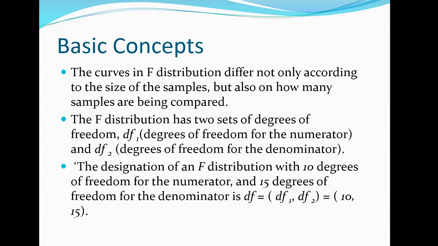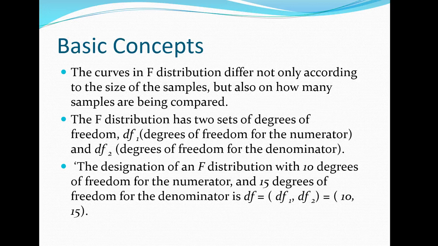Additional basic concepts related to F distribution: the curves in F distribution, just like we have our Z curve and our T distribution curve. Just like those two statistics, the Z scores and your t-test, the F statistics also has a curve, but this time it differs not only according to the size of the sample, but also on how many samples are being compared.